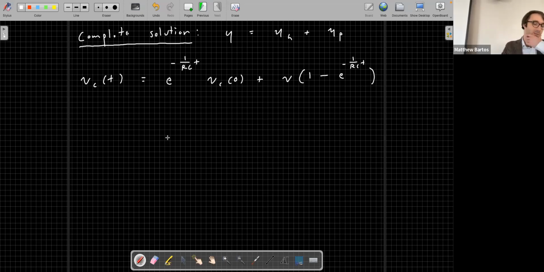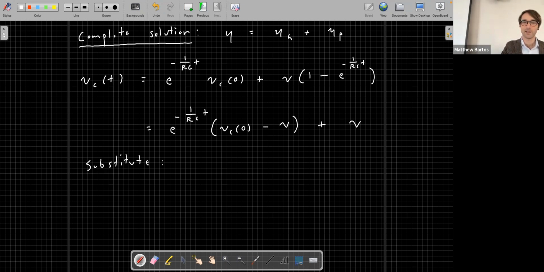Okay, and we can rearrange this to group all the exponential terms together, and we get e to the negative 1 over RC t times V_C(0), so the initial condition, minus V, all plus V, our voltage input. So let's substitute our values for the initial condition and RC, and what we get is the following expression.